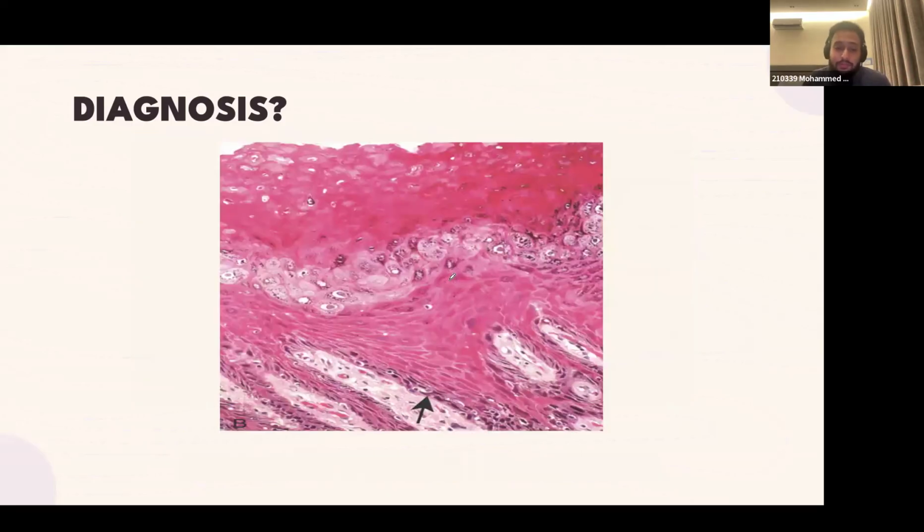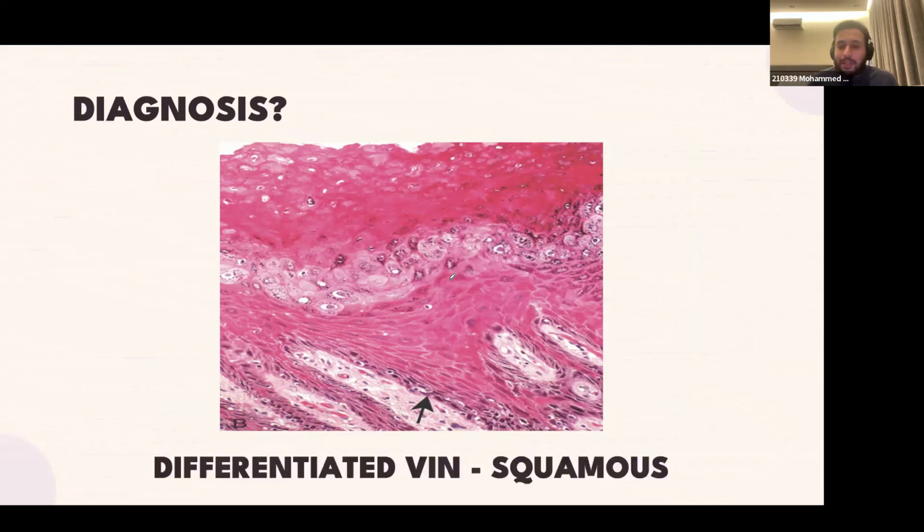How about this patient? This patient in the past had lichen sclerosus and then developed this. So this is differentiated vulvar intraepithelial neoplasia, and it's squamous cell.